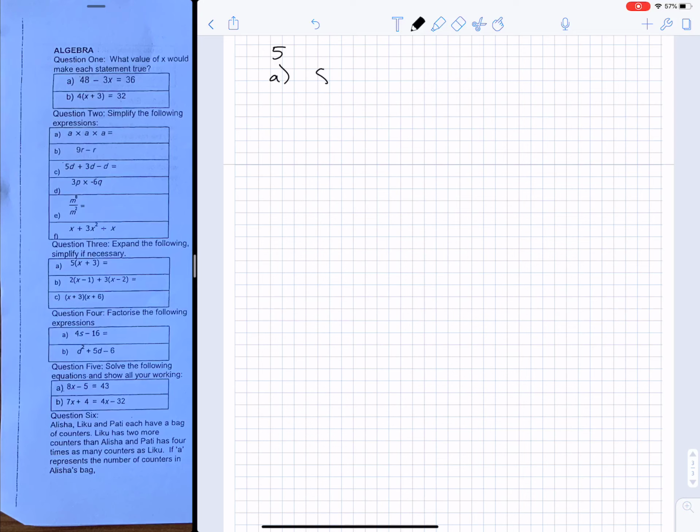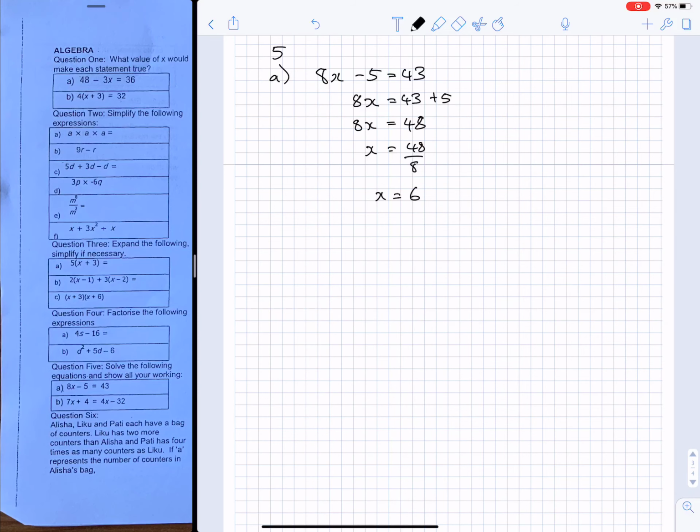So solve for x. 8x minus 5 equals 43. 8x equals 43 plus 5, which is 48. Just have to double check. And x equals 48 divided by 8, which is 6.